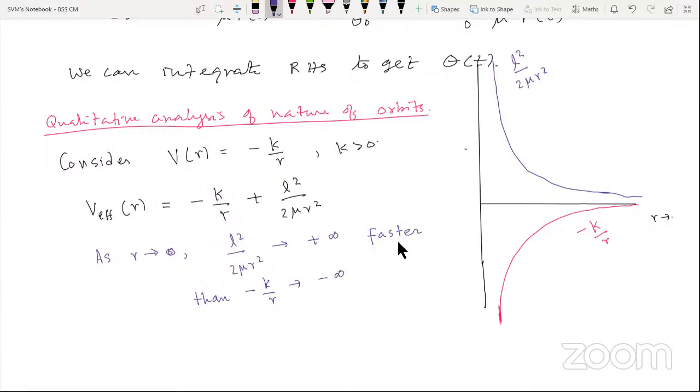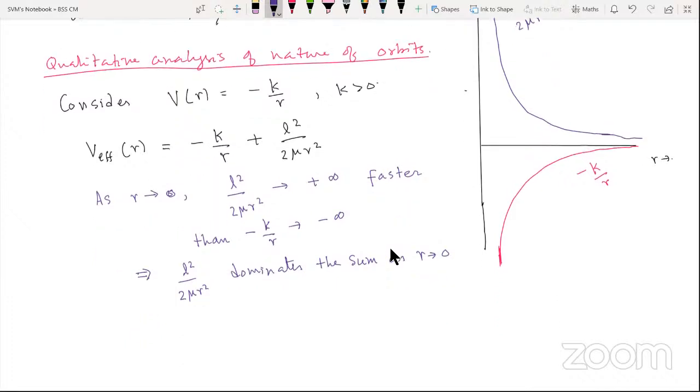So because of this, this implies your L square by twice mu r square dominates the sum as r goes to 0. So this is one analysis.